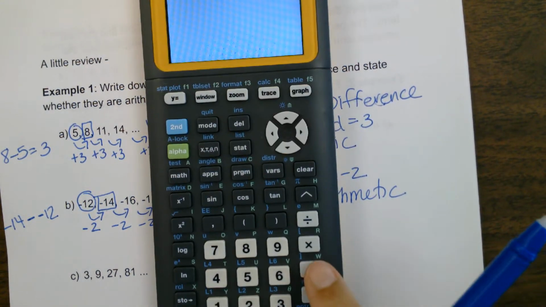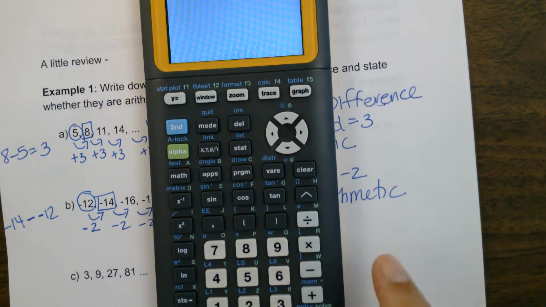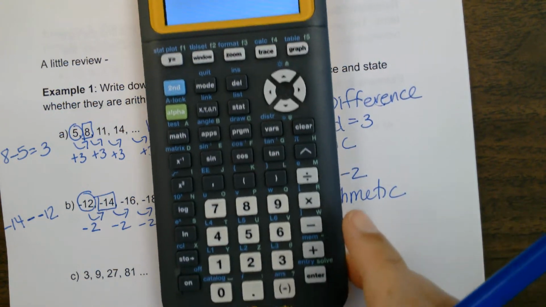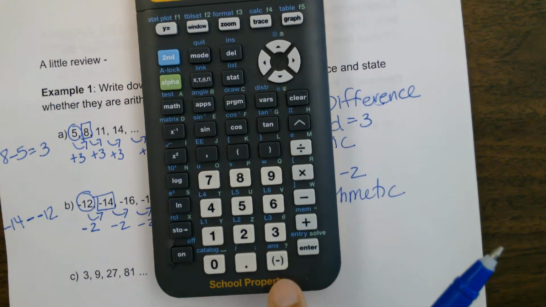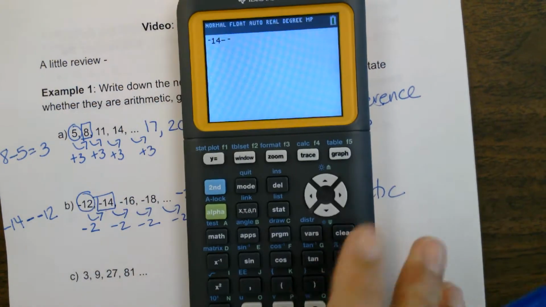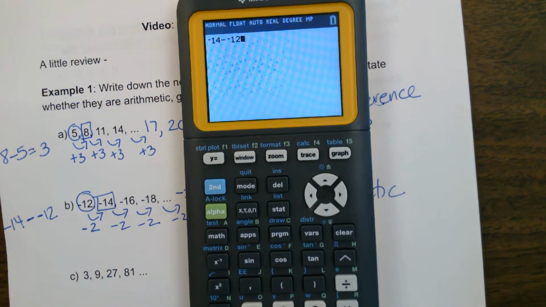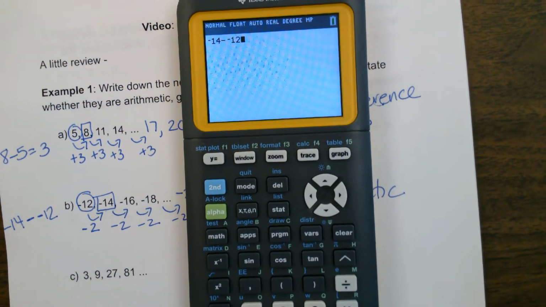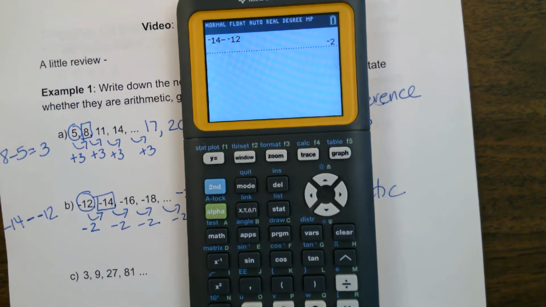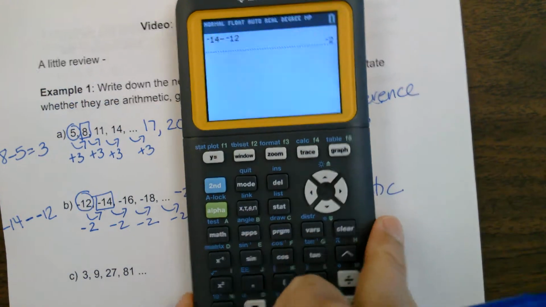Now you're going to push the minus sign right here, and then put in a negative, so here's that negative button, 12. So if you're nervous about doing negatives in your head, don't be. Take your calculator out. Part of this course is learning about the graphing calculator. And we see we have -2.